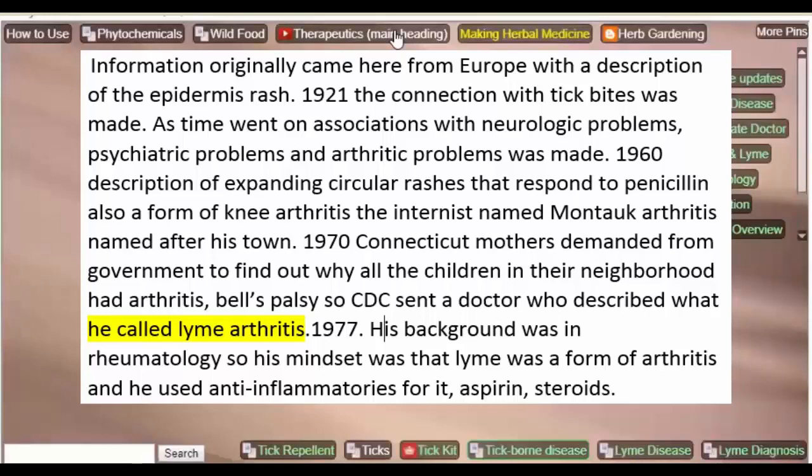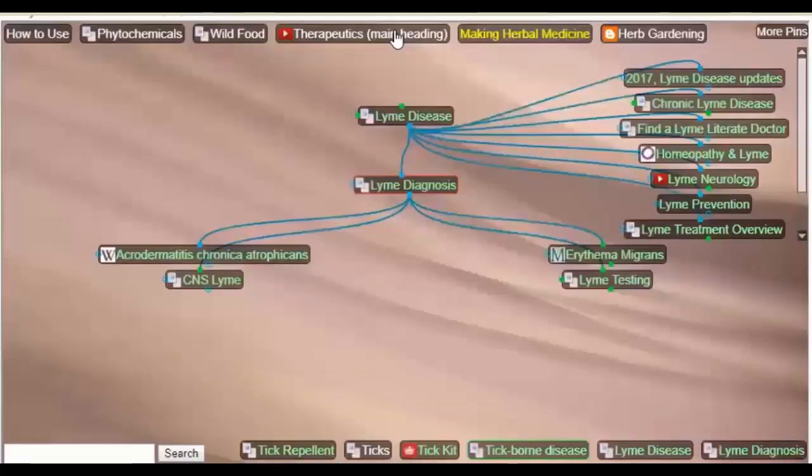And when it came to the attention of the government and they realized they needed to start researching it and funding that research, because they thought it was arthritis, they designated it as a form of rheumatology, and they put all of their money into the branch of medical research called rheumatology. And so everything that was explored was in the context of it being a kind of arthritis. And that's not their fault. It seemed like it was, but now they know.